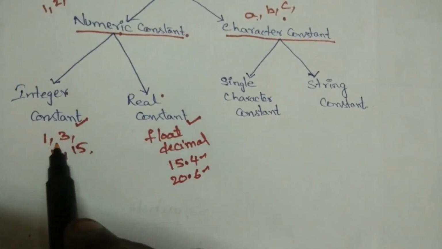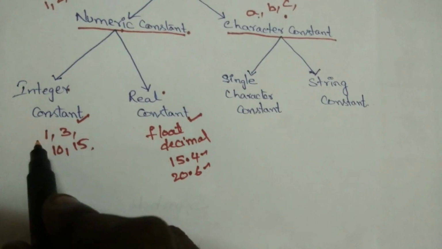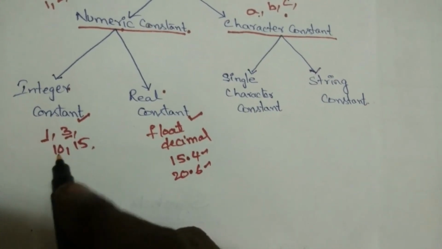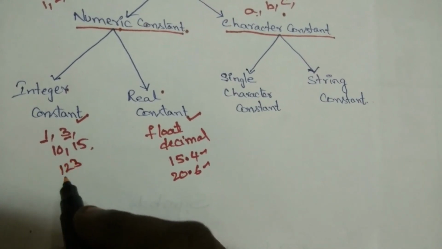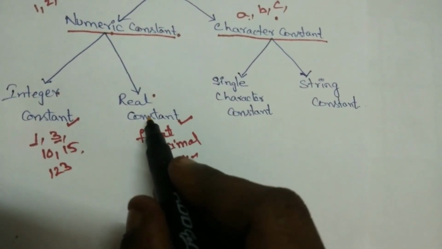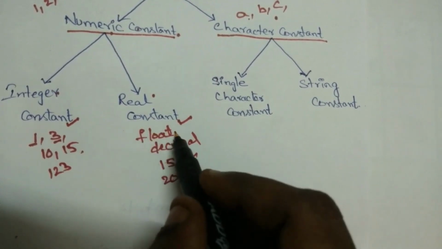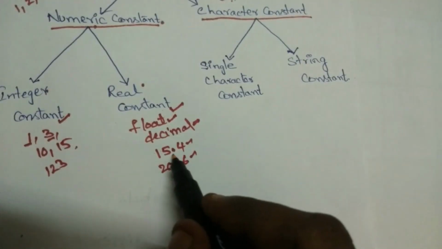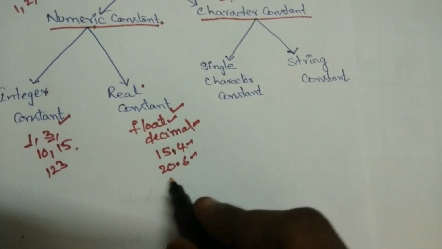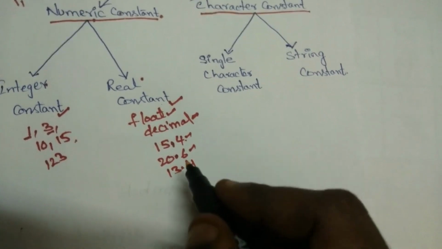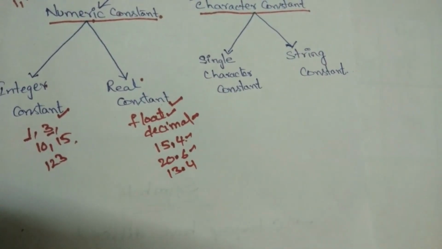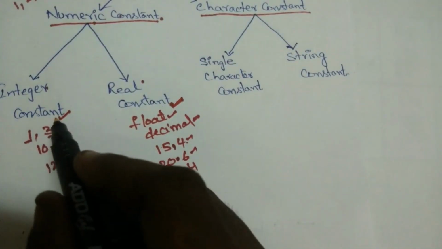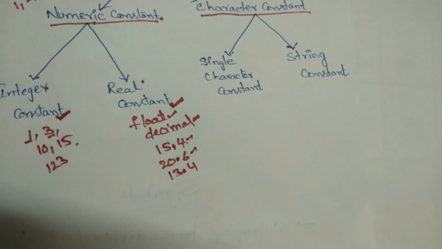Integer means there is no fractional part, only the exact number like 1, 3, 10, 15, 123. Real constant means a floating point or decimal value, where we consider a fractional part like 15.4, 20.6 or 13.4. These types of constants are called real constants.